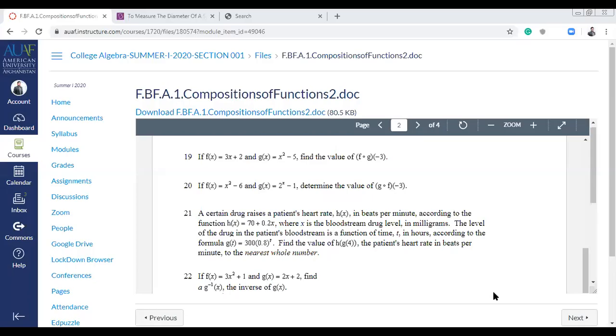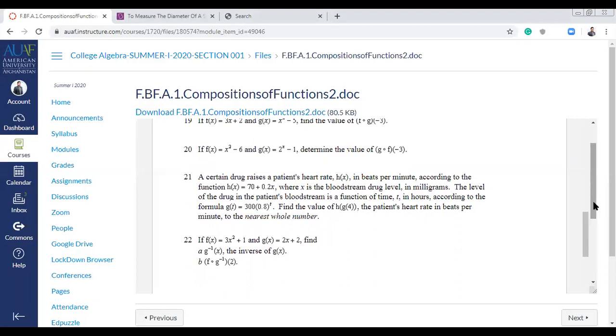Please, Firdaus, tell me. Okay. Question number 21. Firdaus, this one. Question number 21.